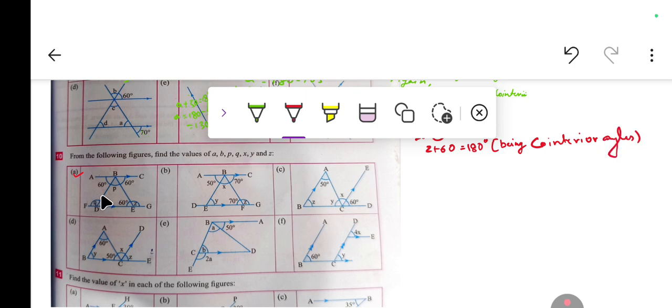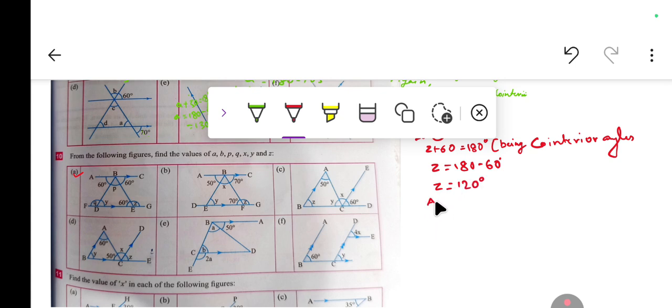Similarly, now another one you have to find out, 60 and y. This is in the form of alternate angles, on both sides of the transversal. It is from the opposite side of the transversal, so we can write y is equal to... first let us find out the value of z. 180 minus 60, if you do, it will come z is equal to 120 degree.